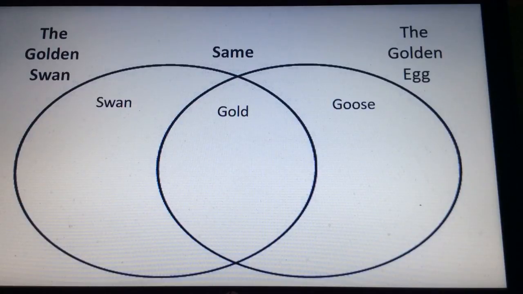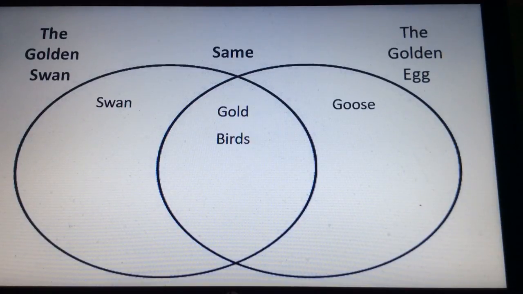Very good. It was a goose. Now, if you remember yesterday's lesson, at the end of the lesson, we talked about the swan and the goose. And we talked about that they are both animals, and they're the same kind of animal. A swan and a goose are both examples of birds.